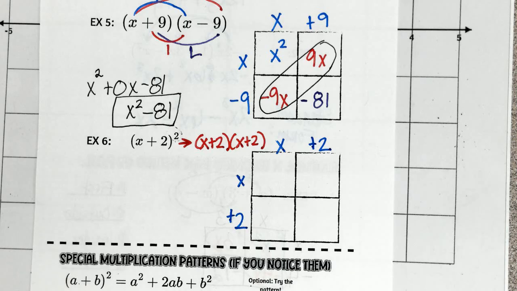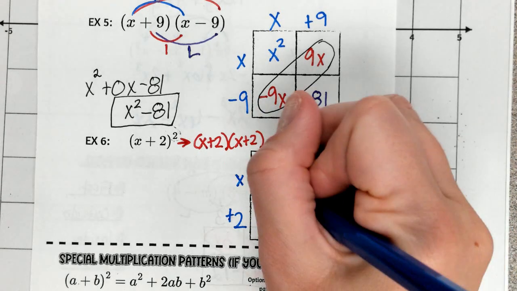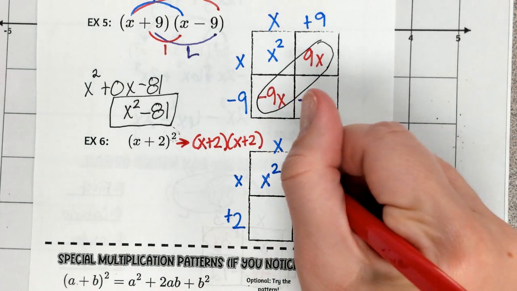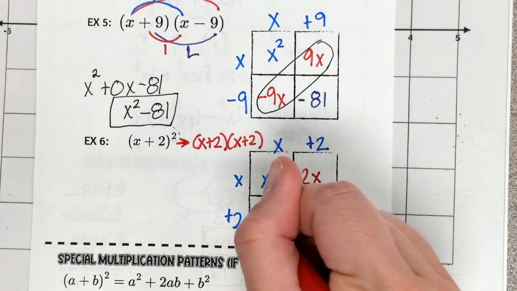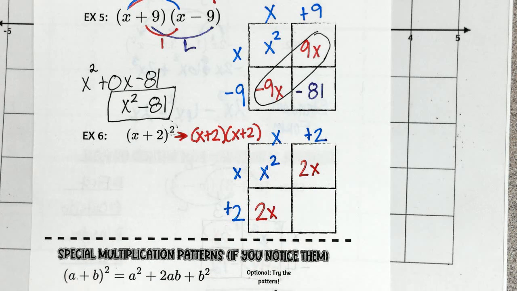You can't do that. All right, now let's fill out the box. X times x, x squared. X times 2 is 2x. 2 times x is 2x. And 2 times 2 is 4.